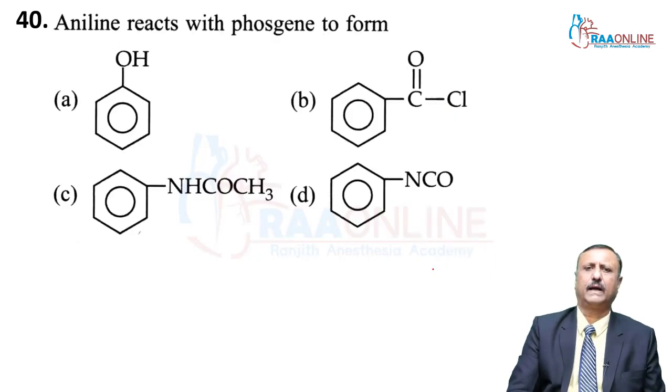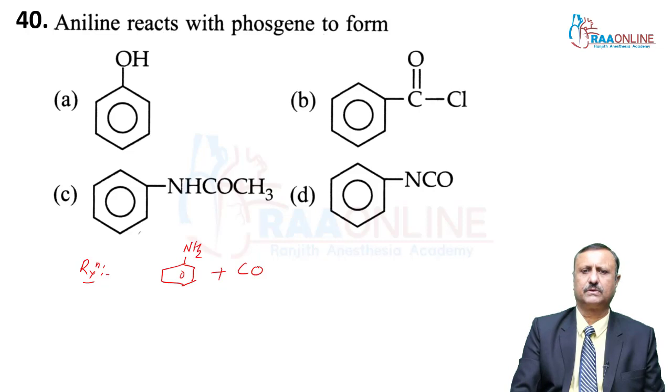Here you can see the aniline reacts with phosgene. This is the aniline, NH2, which reacts with phosgene, COCl2. This compound is called phosgene.